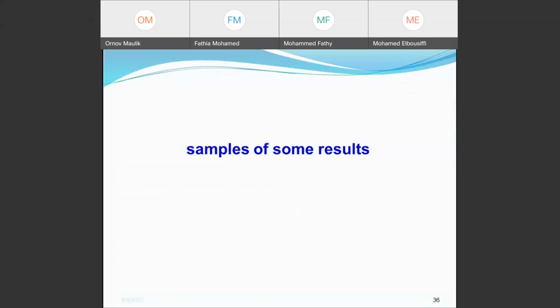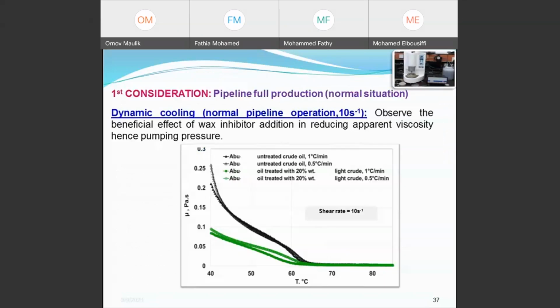So now let us move to samples of some results. The first consideration here: pipeline full production, when it's a normal situation. It's just a reminder that in this research we considered three scenarios.